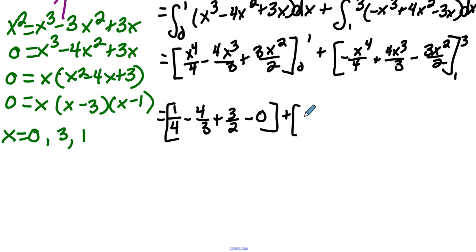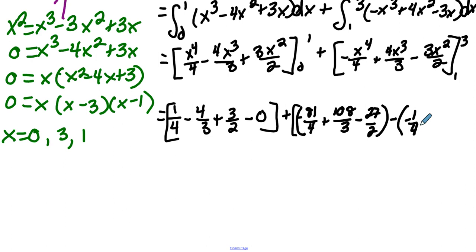So when I plug in the 3, I get negative 81/4 plus 3 cubed is 27 times 4, so that's 108 over 3, minus 3 squared is 9 times 3, so 27 over 2. And then I'm going to subtract, putting in the 1, so that's negative 1/4 plus 4/3 minus 3/2.